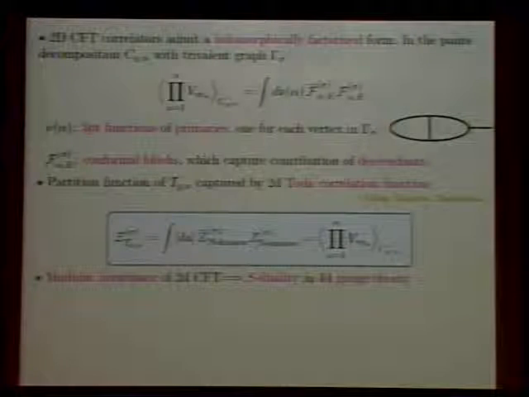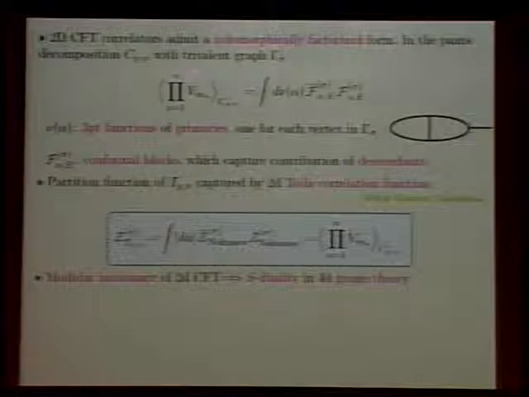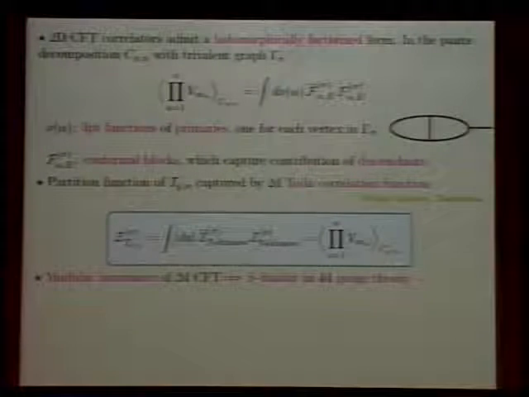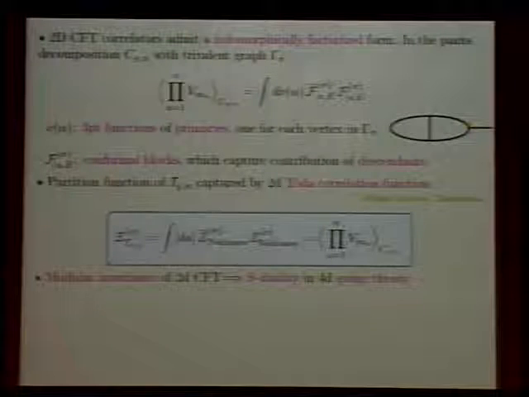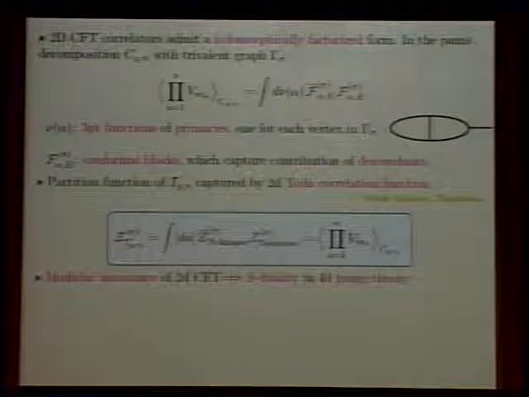Okay? One immediate consequence of this observation is that, even though the correlation function I wrote here has been written for a particular choice of pair of pants decomposition sigma, one of the basic properties of CFTs is that the operator product expansion is associative.